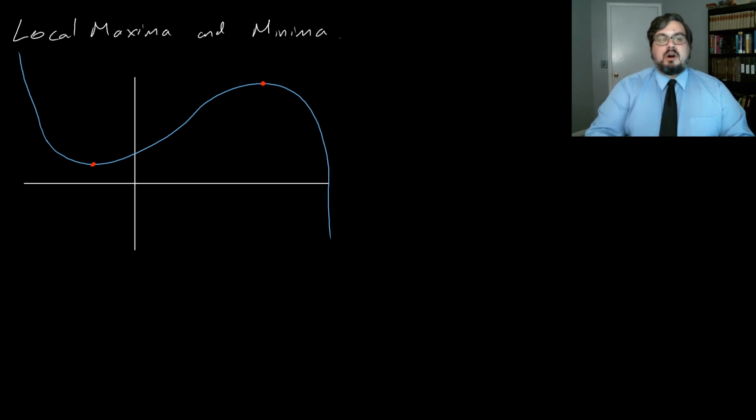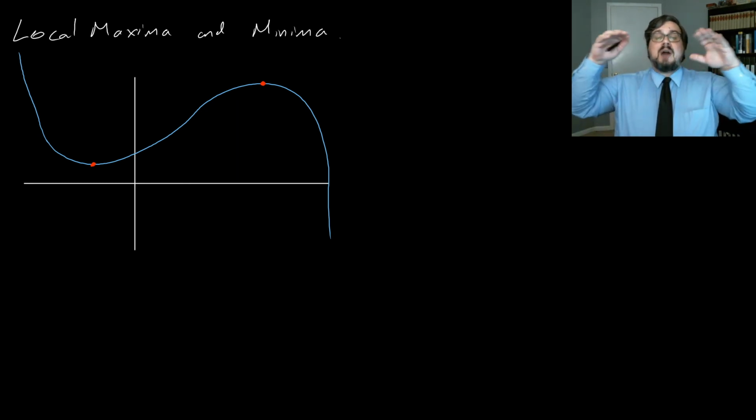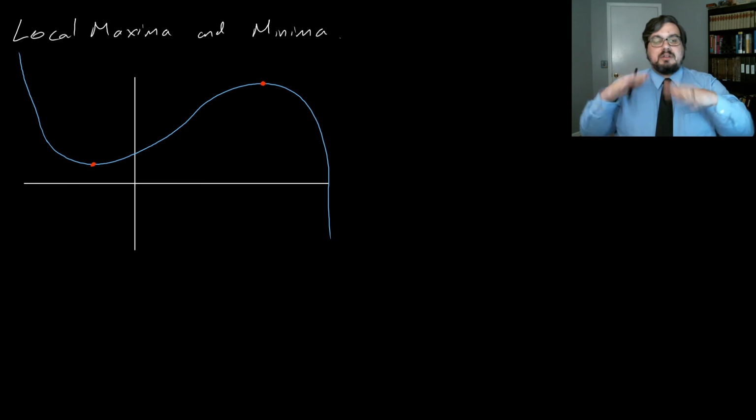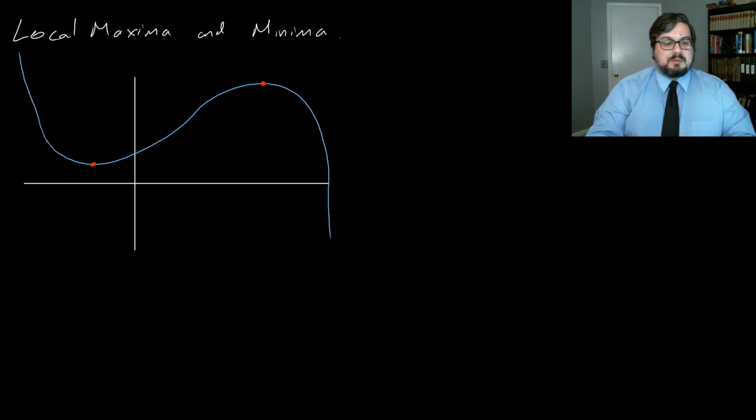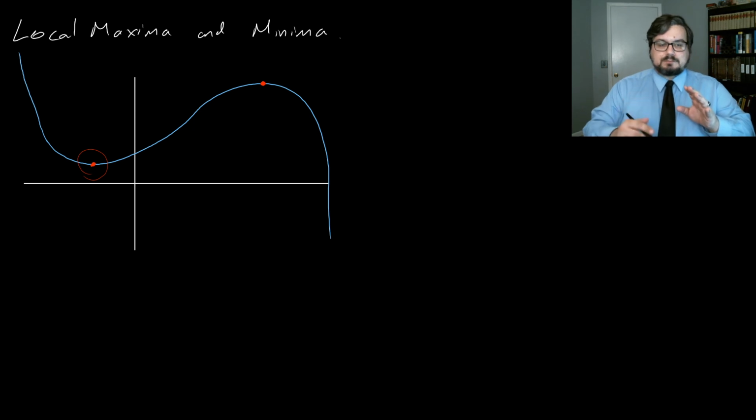You'll notice that these are also places that sit at the top of their neighborhood or at the bottom. So this point over here, this red dot, is lower on the graph. It has a smaller y value than any of the other points on the graph that are close to it. There are other lower points over here, but if we restrict our attention to just what's happening near this red point, it is the lowest.